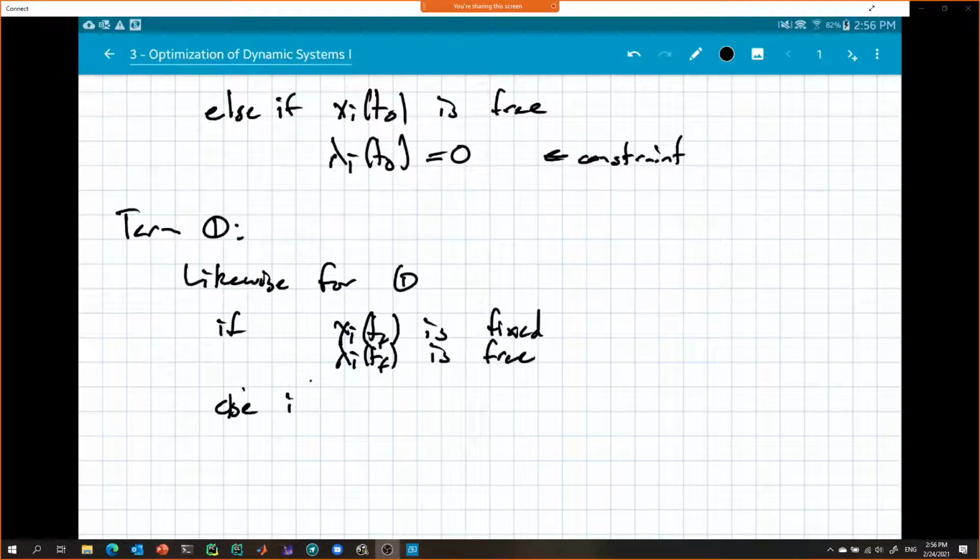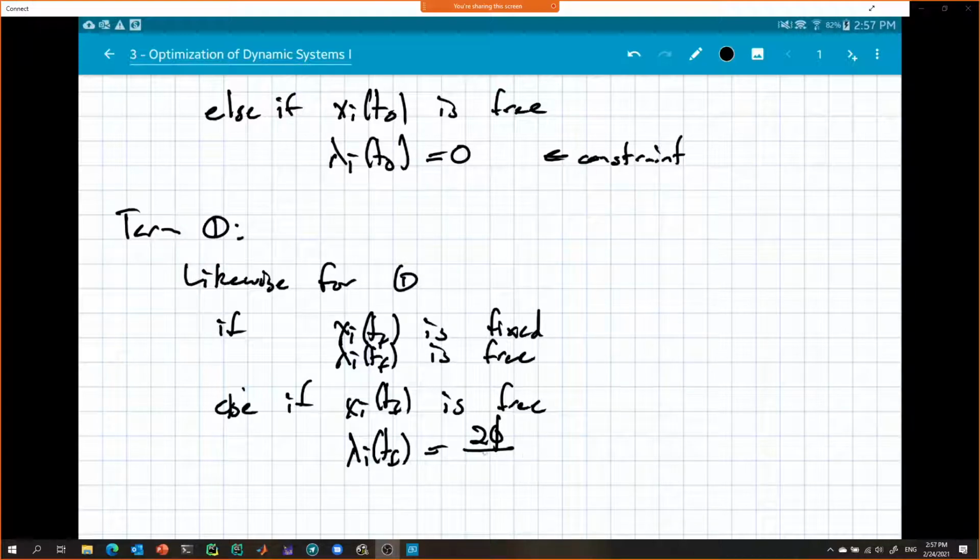Else if xi is free, then we get lambda i at TF is equal to the partial of the terminal cost with respect to x, at x at TF.